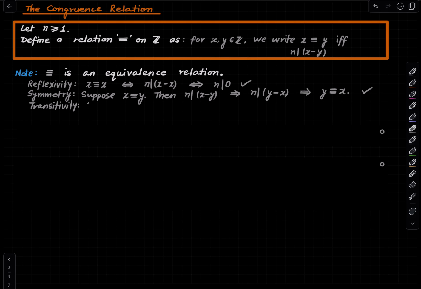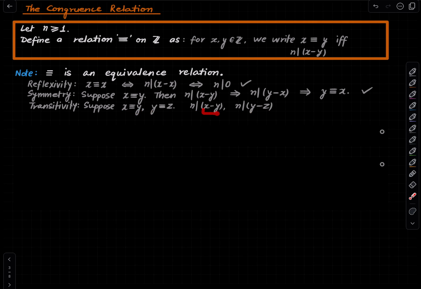So for transitivity, suppose x is related to y and y is related to z, small z. We want to show that x is related to z. But since x is related to y, we have n divides x minus y. And since y is related to z, we have n divides y minus z. Right? X related to y is same as saying that. Y related to z is same as saying that.